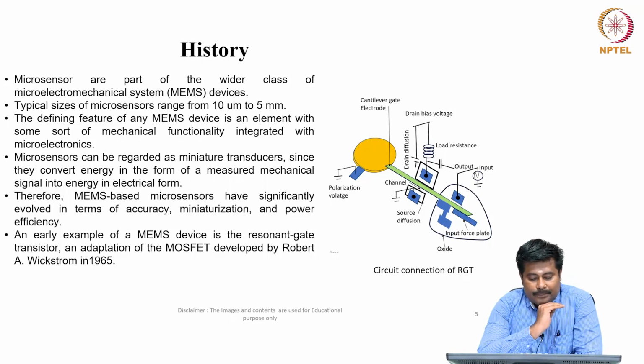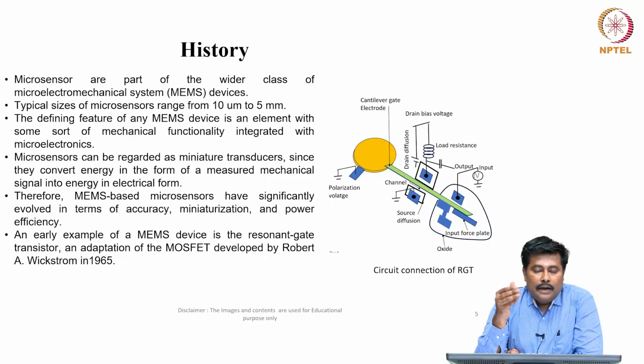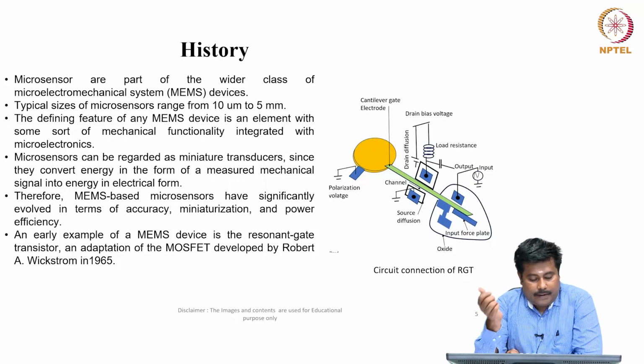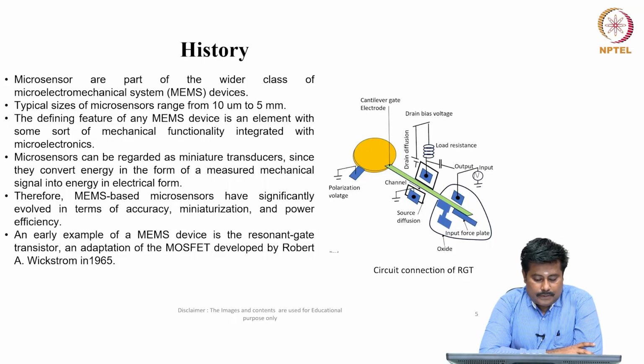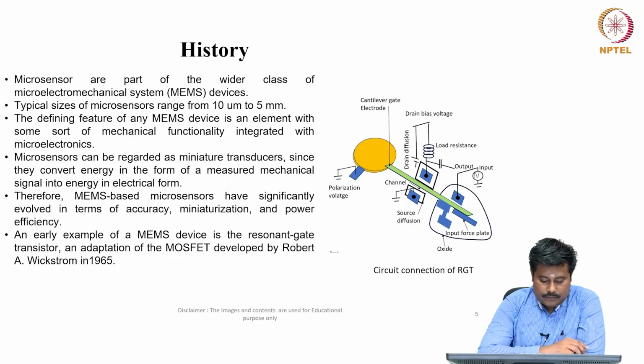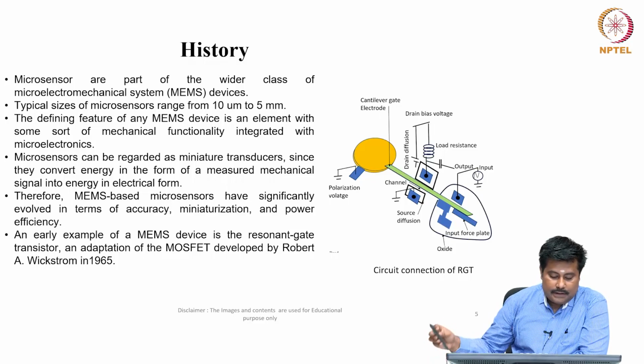So, these microsensors can be generated as a miniature transducer, since they convert energy in the form of a measured mechanical signal into energy in the electrical form. Therefore, MEMS based microsensors have significantly evolved in terms of accuracy, miniaturization and power efficiency.